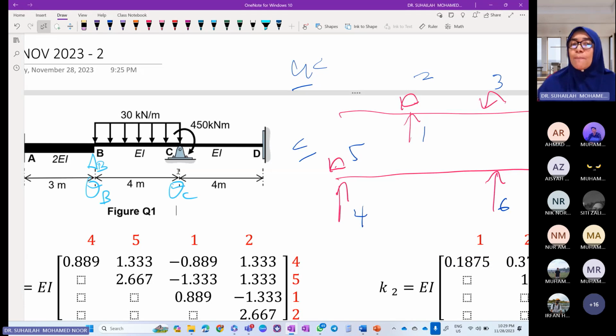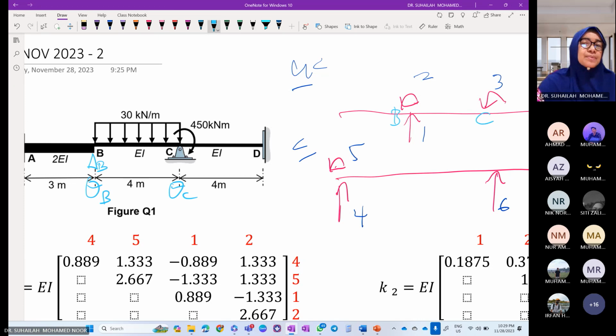Q2 represents moment at B. So this is B, and this is C. Q is moment, and there is no moment at B. What about Q3? What is the value of Q3?